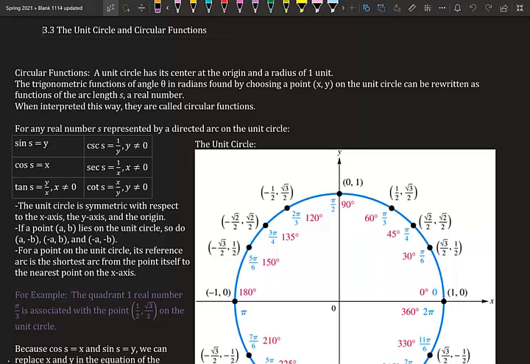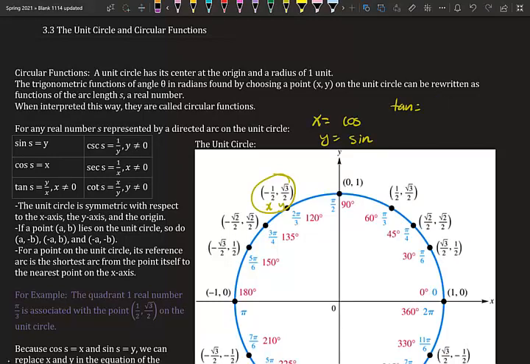For any real number s represented by a directional arc of the unit circle, sine s equals y, cosine s equals x, tan s equals y over x, cosecant is 1 over y, secant is 1 over x, and cotangent is x over y. So here, the negative 1/2, square root of 3 over 2, this would be x, y, and we know that x represents cosine, and y represents sine.